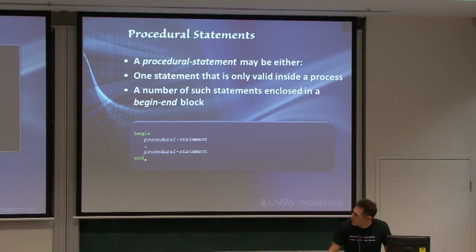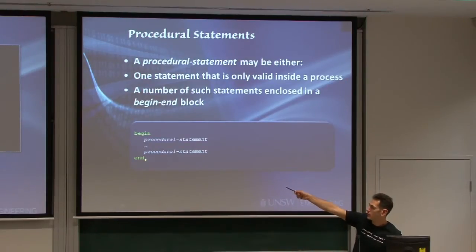Usually, when we start an always keyword, we want to run more than one statement or instruction, and we will almost always enclose them within a begin and end block. As you can see in the example, I say always at something in the sensitivity list, begin, and then it ends at the end.